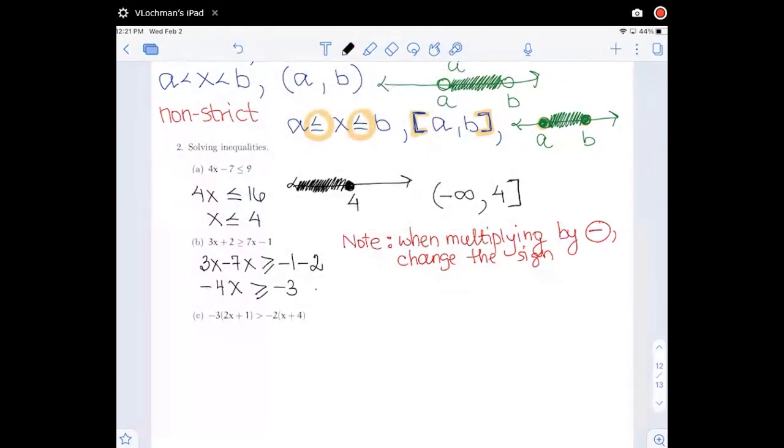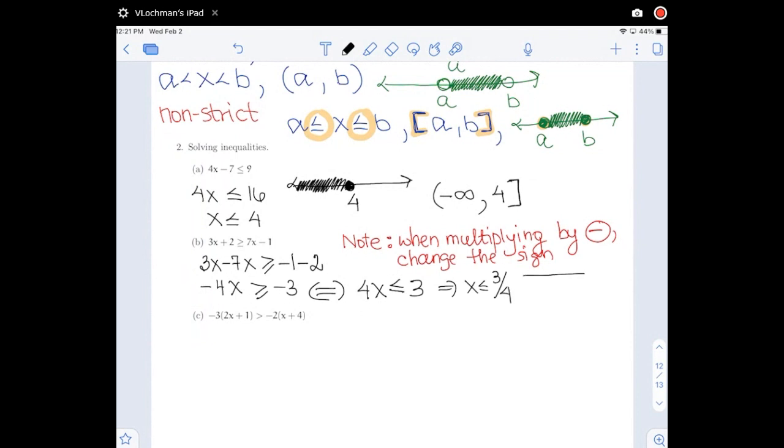So this is equivalent to 4x less than or equal to 3. I multiply by -1, so I have to flip the sign the other way. So x is less than or equal to 3/4.